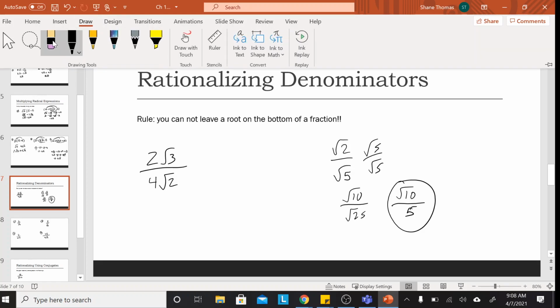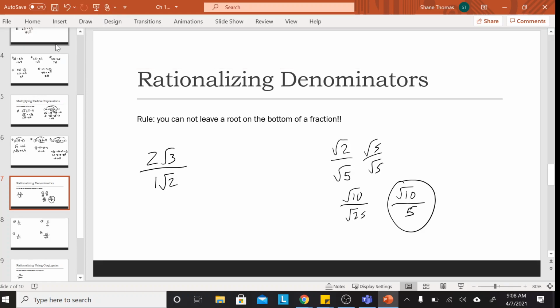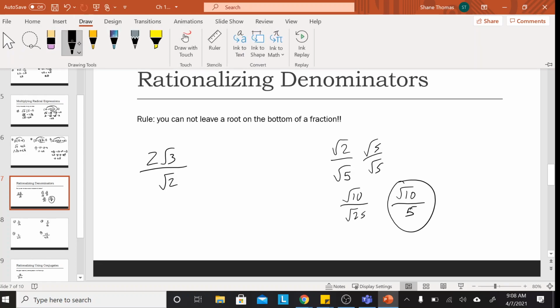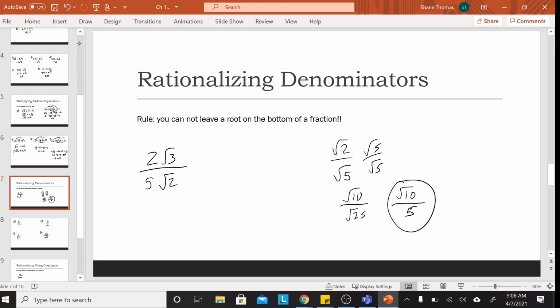Let's make it 5 on the bottom. So 2 root 3 over 5 root 2. Now, again, it's not multiplied by what's on the bottom, it's multiplied by the root on the bottom. So what's your root on the bottom here? Root 2. So I want to multiply by root 2 over root 2.